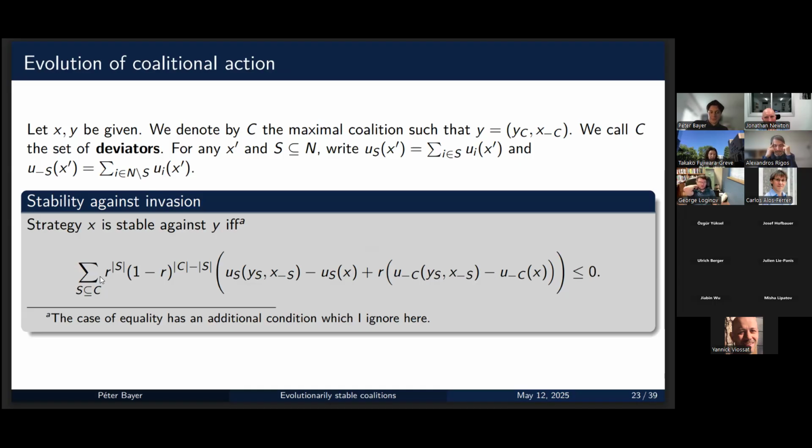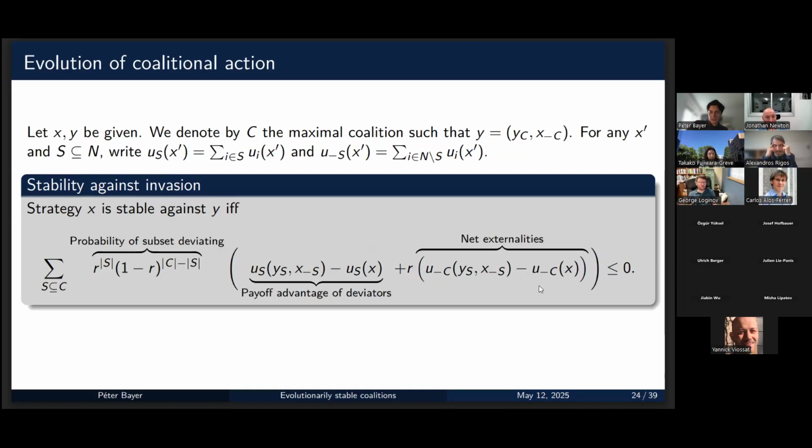And here is what's happening. I'll just let you absorb this for a second, and then explain it in a little bit more detail. This thing kind of looks like a probability of the subset S, subset of C, being deviators, where R is the rate of assortative matching. So I'm taking R to the power of S, 1 minus R to the power of C minus S.